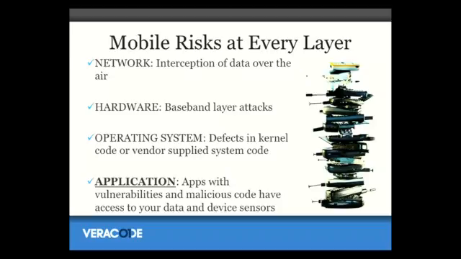For one, the network layer is more problematic on mobile, because a lot of people, in their office or at home, have wired connections or secure Wi-Fi connections. With a lot of mobile devices, you're obviously outside of the home or office a lot, and if you're using Wi-Fi there, you might be using an insecure, public Wi-Fi connection.